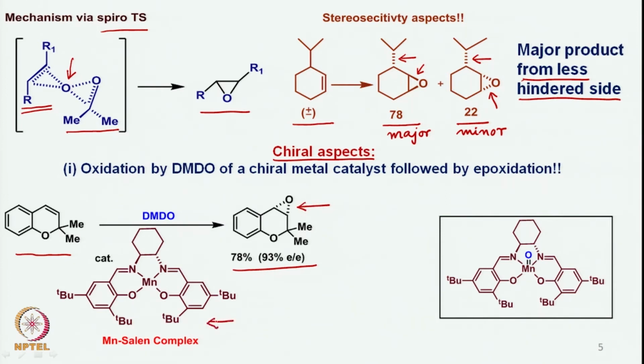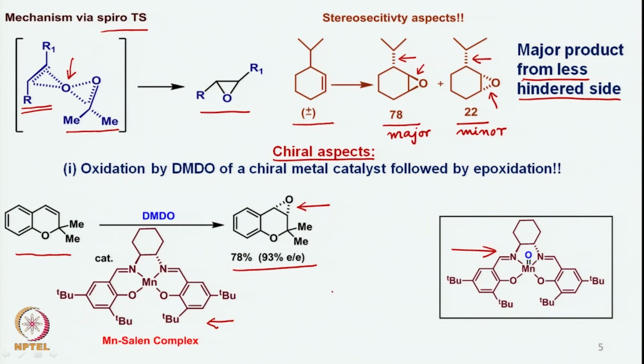This manganese salen complex is reacted with DMDO to form this reagent in the reaction. That means if we begin with this manganese salen complex and react with DMDO, it forms the corresponding manganese oxygen double bond based reagent, which then transfers the oxygen to the olefin to form this particular epoxide.